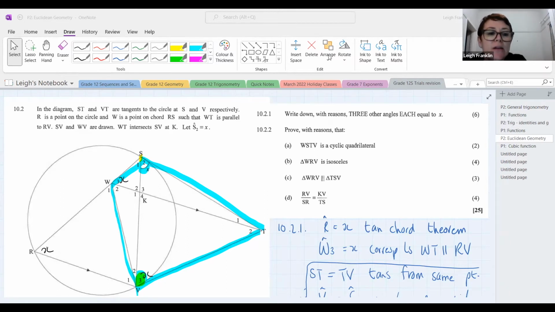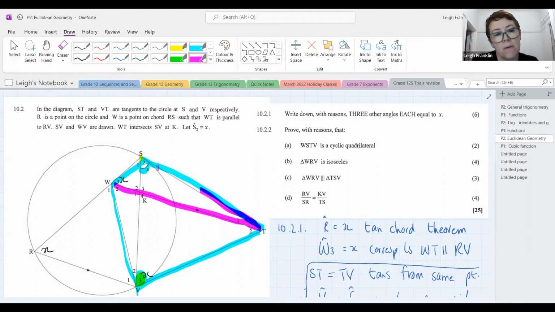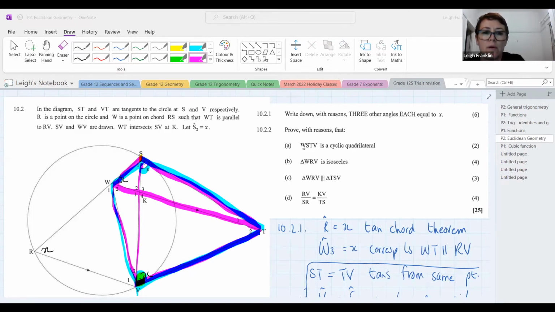Okay, so Nina, when I'm talking about the bow tie inside, I mean this. I'm going to do it in pink for you, okay? There's your bow tie. That's the bow tie in pink. Does that make sense, Nina?